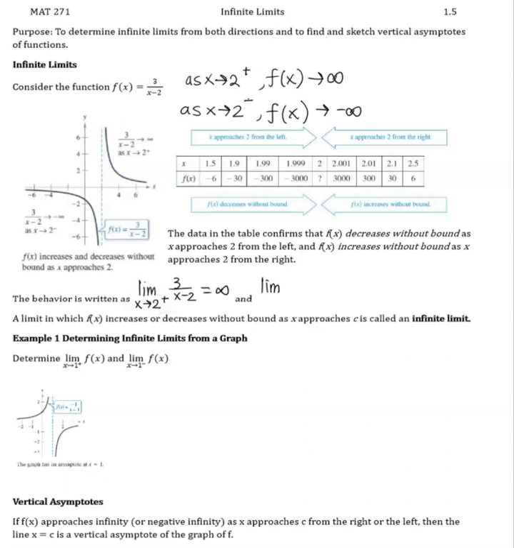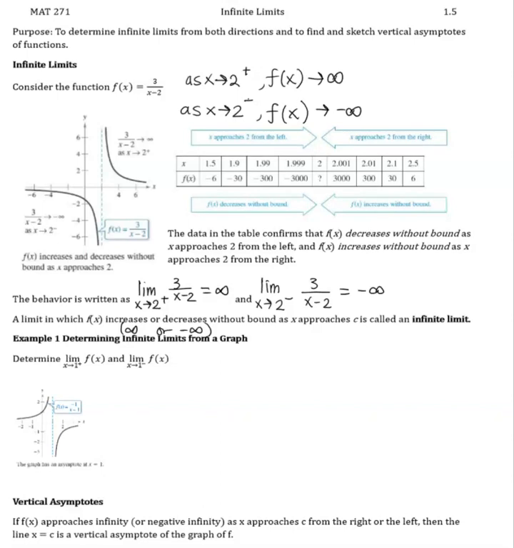And as we approached 2 from the left of this rational function, we went down to negative infinity. And the formal definition here: when we have a limit that's either increasing or decreasing without bound, and all increasing or decreasing without bound means is it's going off to positive infinity or negative infinity, that is called an infinite limit.